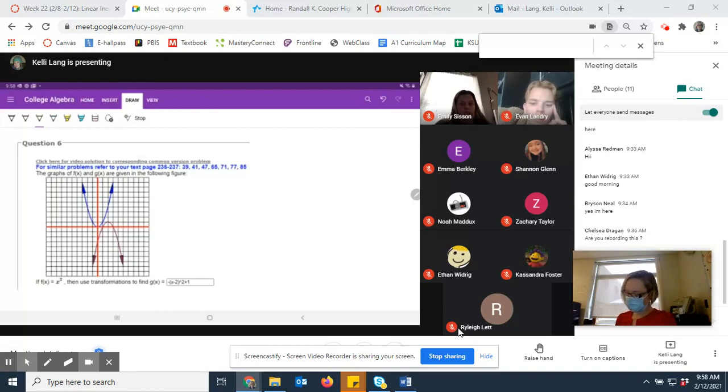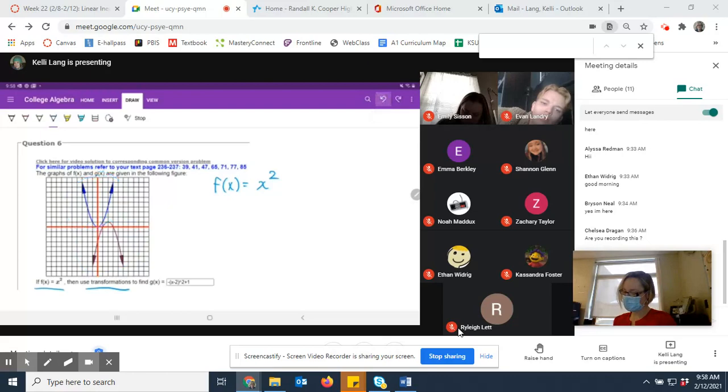I don't know if they do a very good job of describing that to you, but they're telling us here that our parent function is x squared. They want us to figure out what we did to transform x squared. So if we start with f of x equals x squared as our parent function, how are we going to get this to look like this by using transformations?